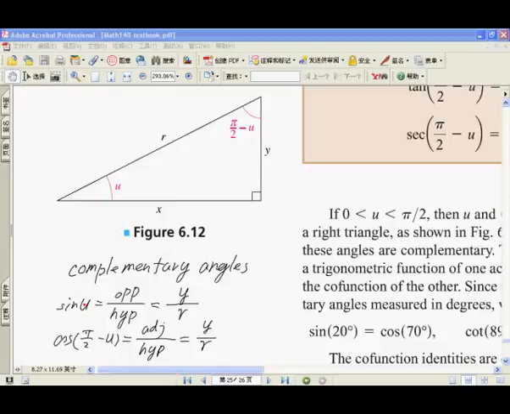So now both sine u and cosine of half pi minus u are equal to y over r, so they are the same, right? So you have sine u equal to cosine of the half pi minus u. Okay, and similarly, you can get the other cofunction identities. So after we find the cofunction identities, now let's look at one example to see how we apply them.